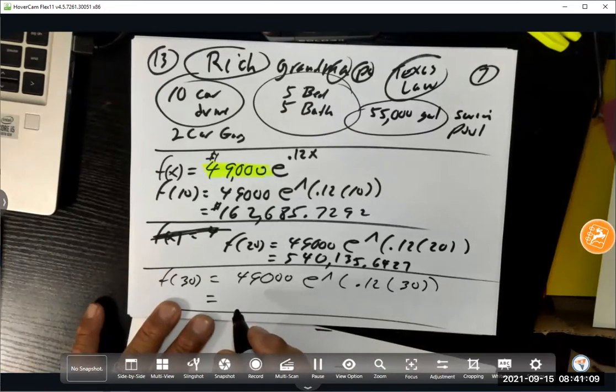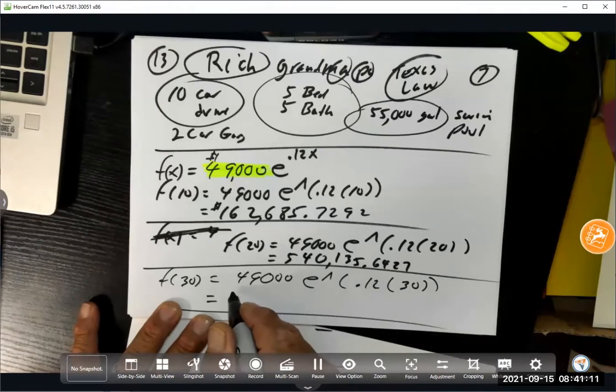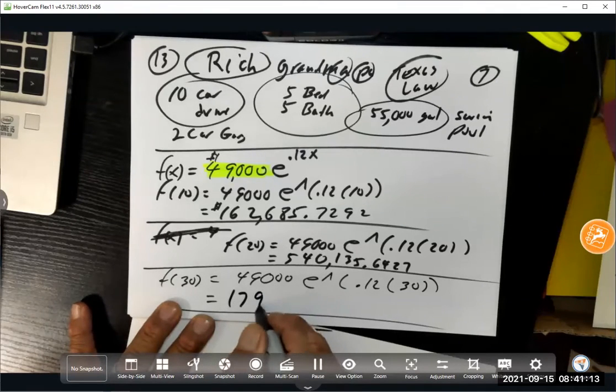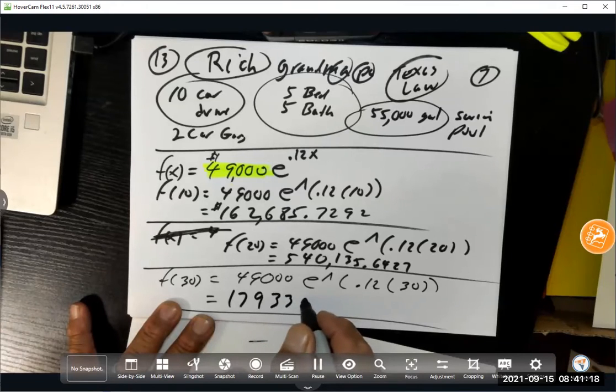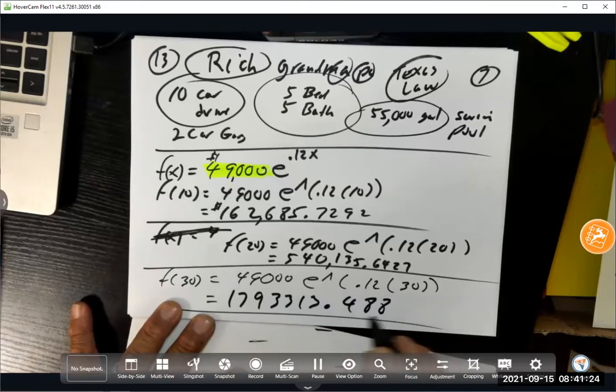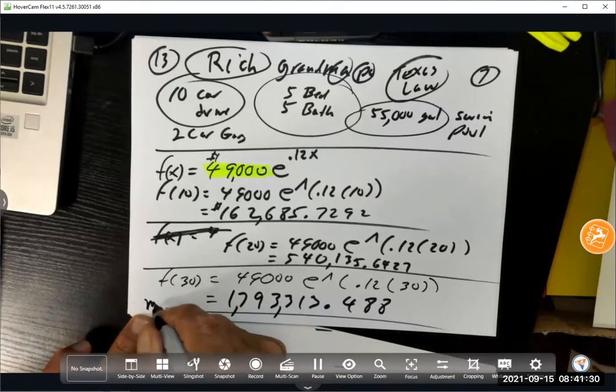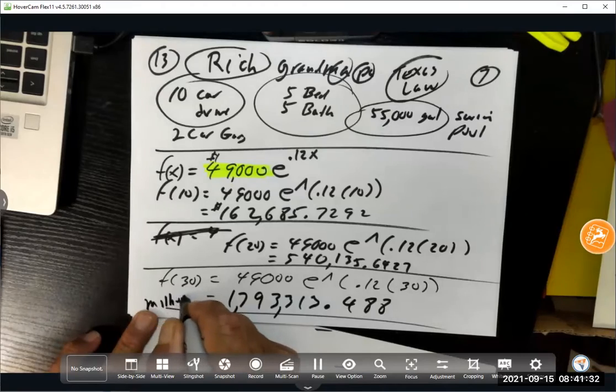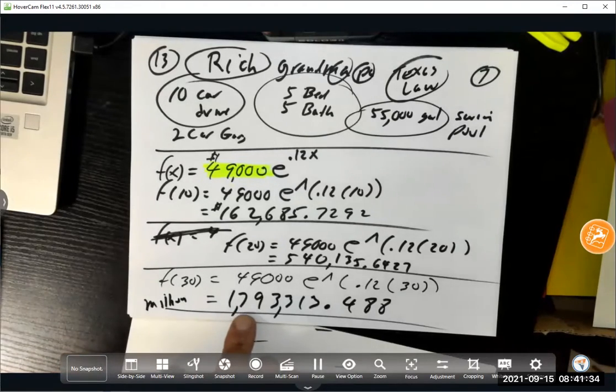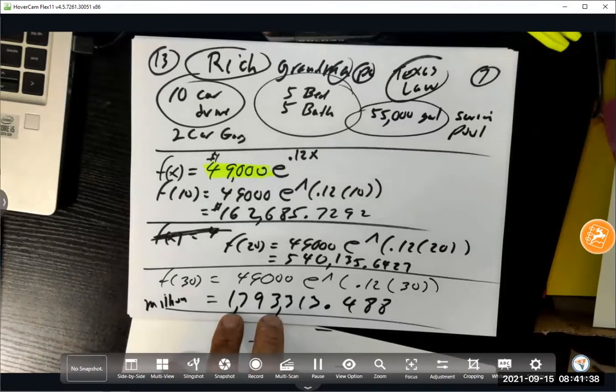It is 1,793,000, almost $2 million for their house.